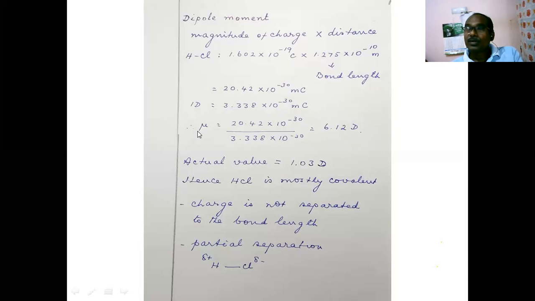Therefore, mu is equal to 20.42 into 10 power minus 30 divided by 3.338 into 10 power minus 30. When you do this division, you get 6.12 Debye. This 6.12 Debye is really a very high quantity, but the actual value of the dipole moment of hydrogen chloride is 1.03 Debye.